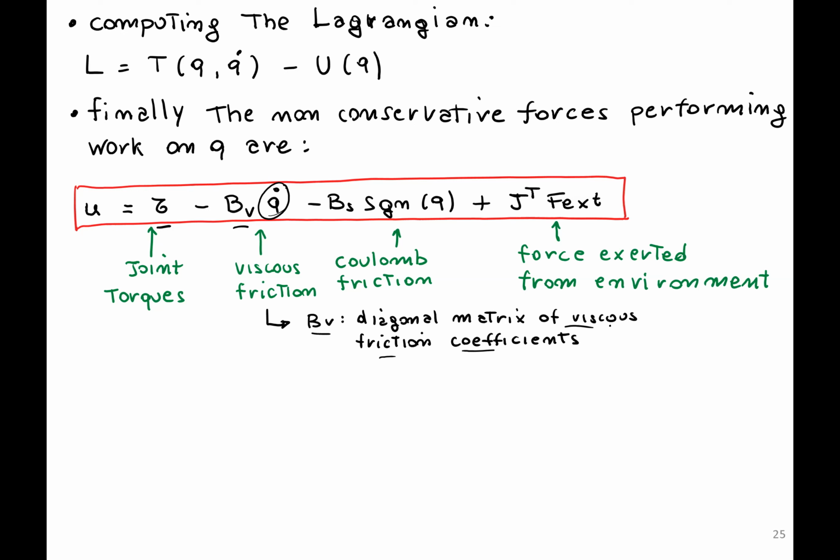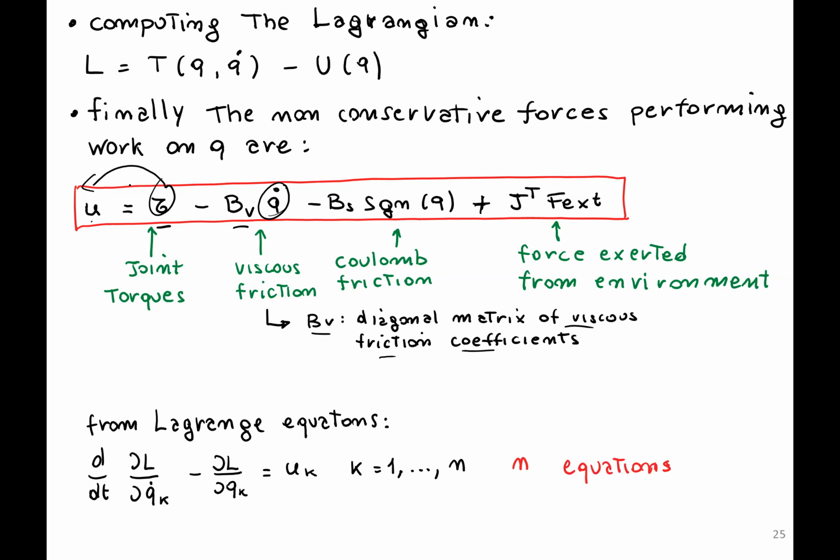You remember that this is the plus sign because the torque, yes, this is the correct expression to account for them. In the static case, you would have the torque on the other side, and you would see minus J transpose Fx.